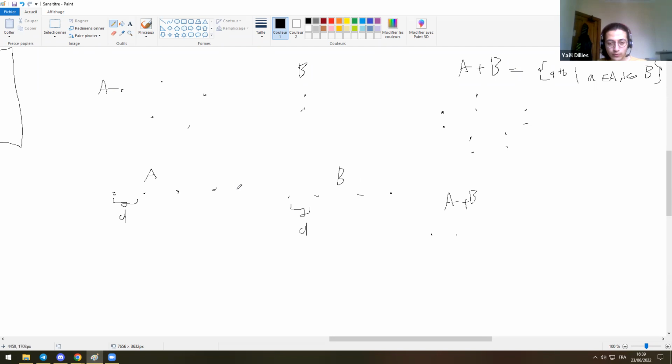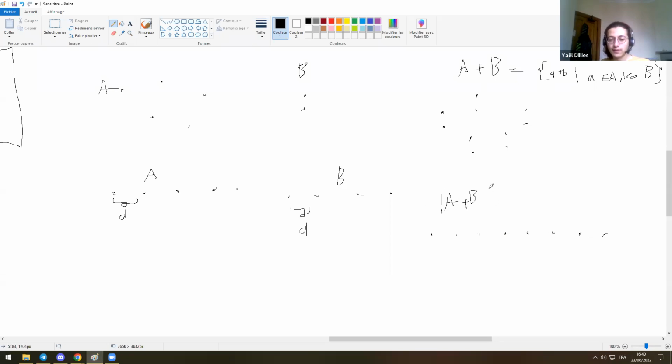So let's say I take 5 things in A and 4 things in B. So what do I get? If I sum those two, I will get this one. If I sum this one and this one, I get that one. So I have a copy of B, and then each other element of A will only give me one more element of A plus B. So I have 5 elements of A and 4 elements of B. So in total, I get 8 elements.